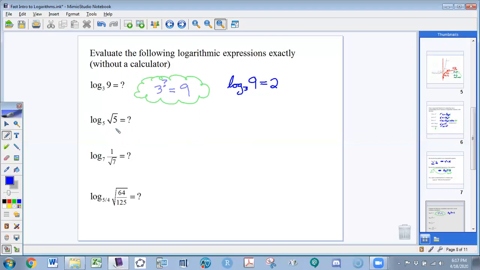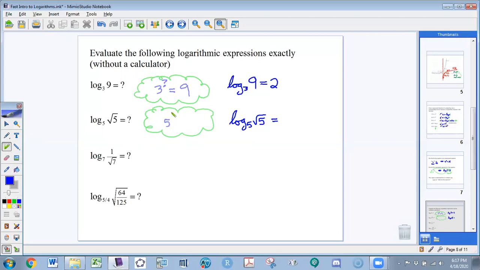So looking right here, log base 5 of the square root of 5, well, the square root of 5 is what power of 5? So again, I could kind of try to turn this back into an exponential equation to think about it.